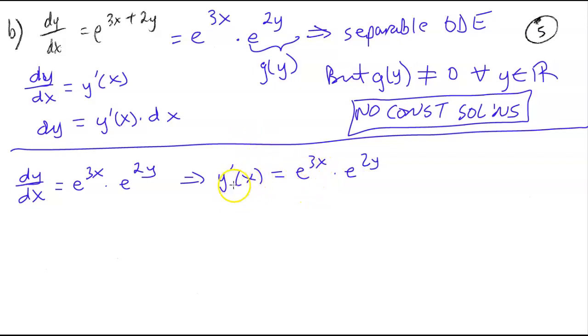And one thing that I could do is divide both sides by e raised to the 3x to get this portion here on this side. If I did that, then I would just have e raised to the 2y on the right.